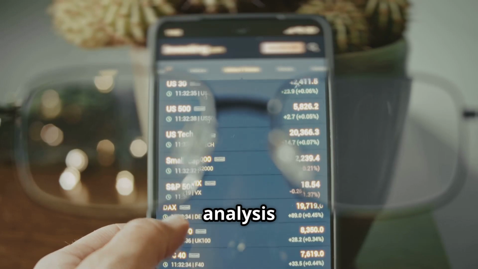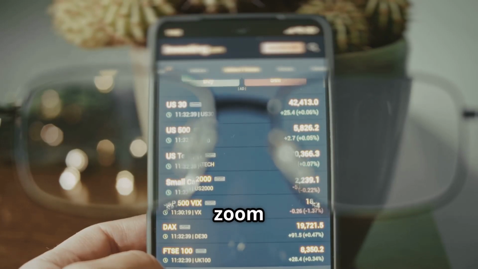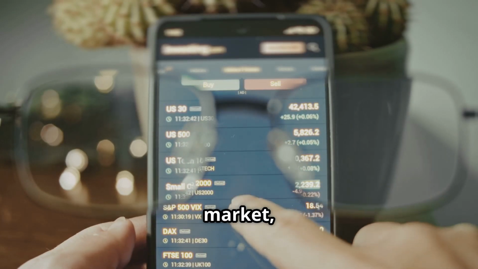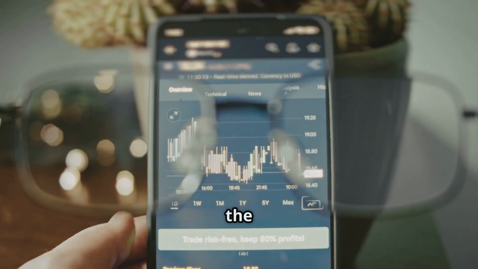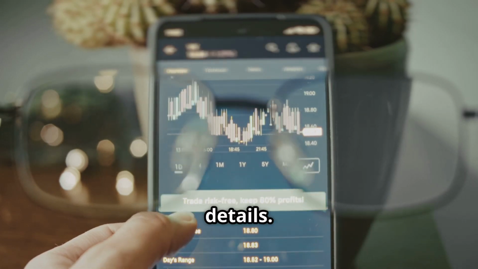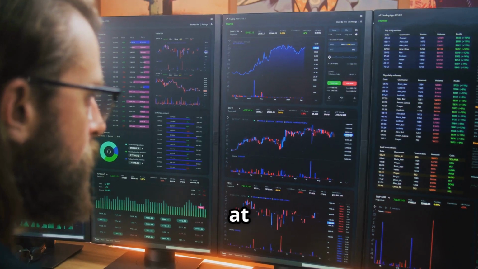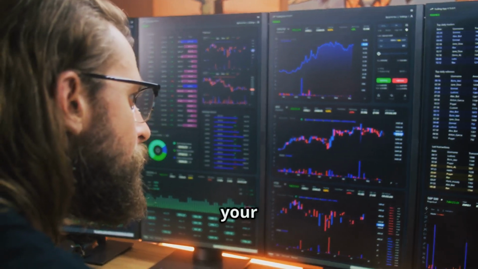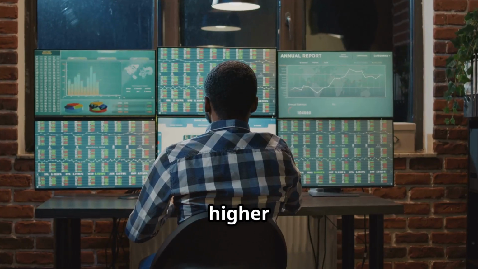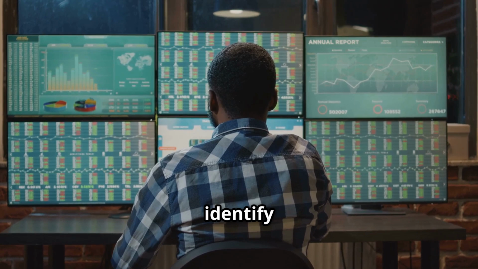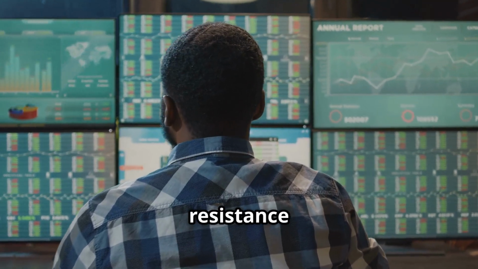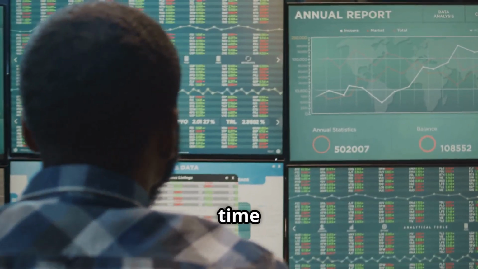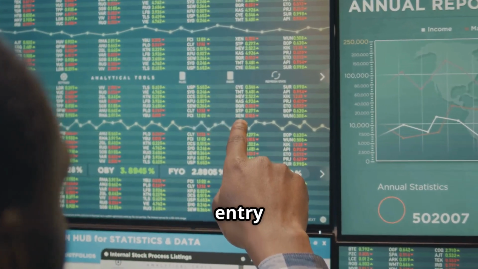Multiple time frame analysis is like having a zoom lens for the market, allowing you to see both the bigger picture and finer details. Incorporate at least 2 different time frames into your analysis. Use higher time frames to identify major support and resistance levels, and lower time frames for precise entry and exit points.